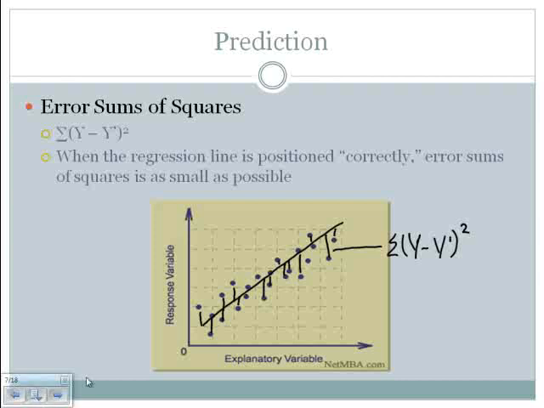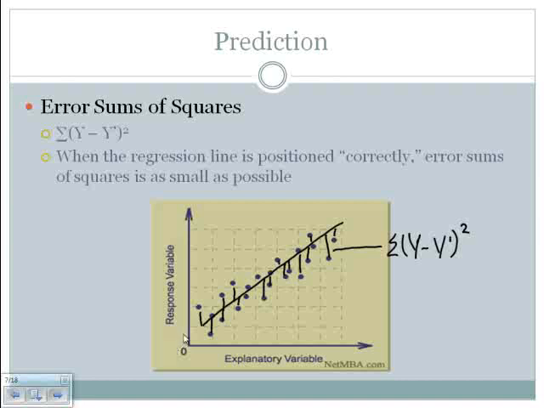All right, so any one of those error scores, y minus y prime, is just by definition an error score, but when we take them in conjunction, we square each of them, we sum them up, and we have calculated something called error sums of squares. When the regression line is positioned "correctly", because we'll define that a little bit later, our error sums of squares is as small as possible.